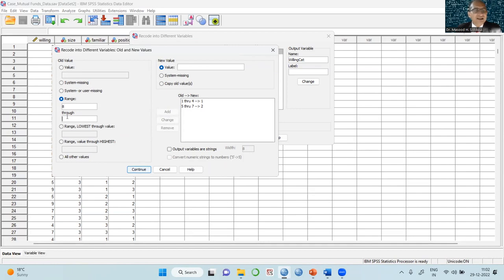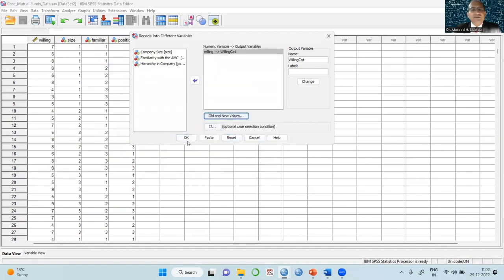So this is the input category or the old values, and the new value is 3. So 8 to 11 would be converted to 3, and we press Add. So here 1 to 4 is being converted to 1, 5 to 7 would be converted to 2, and 8 to 11 would be converted to 3. Okay. And we will be pressing OK.